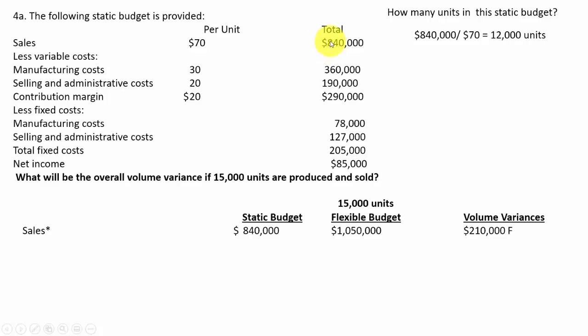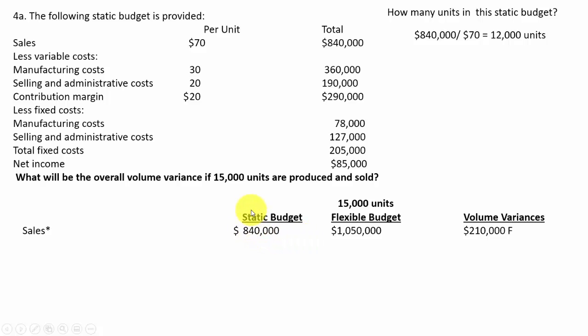From the information above, we had sales of $840,000. Our sales under the flexible budget will be $1,050,000. Well, how do we come up with that? We take 15,000 units and multiply it times the selling price of $70 per unit, and that gives us $1,050,000.